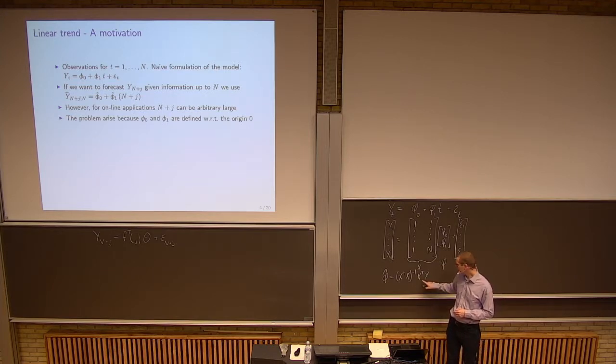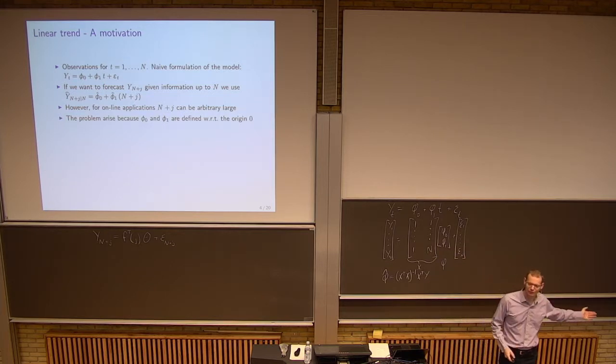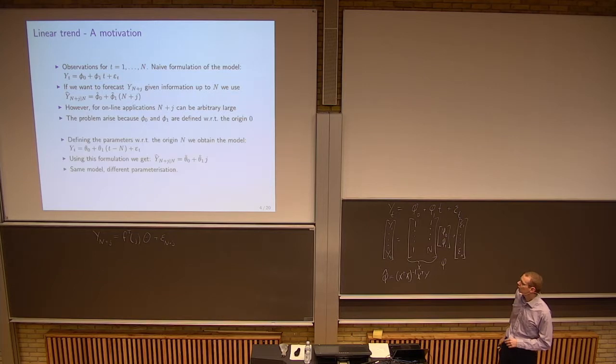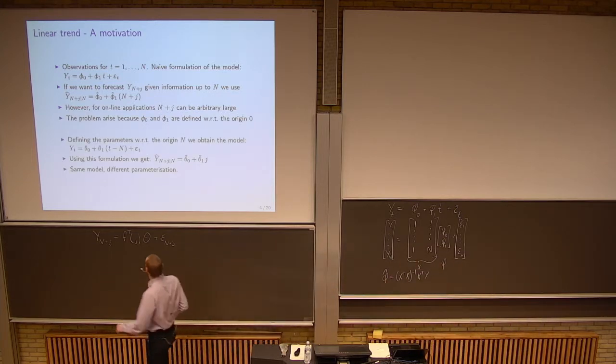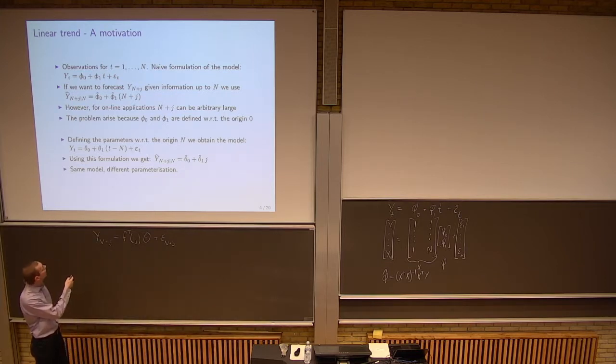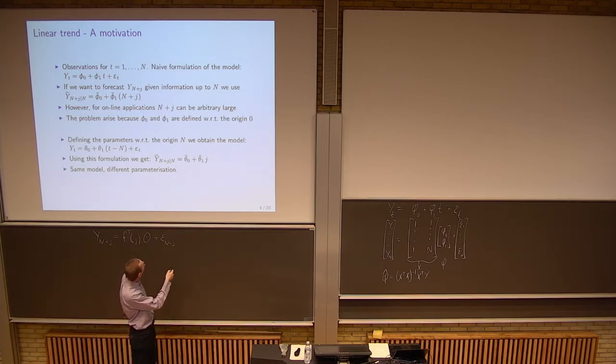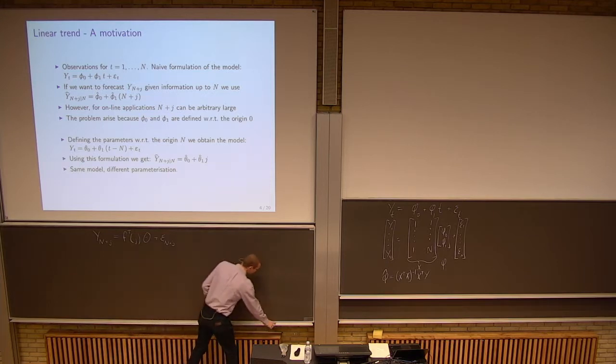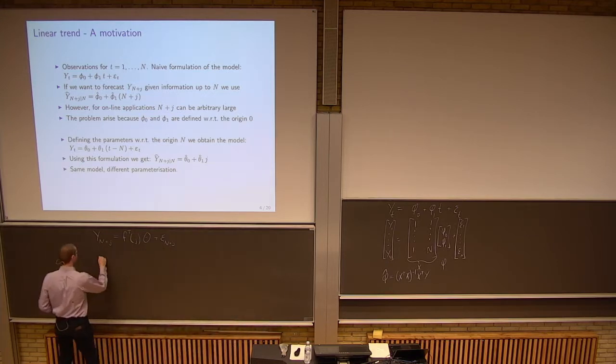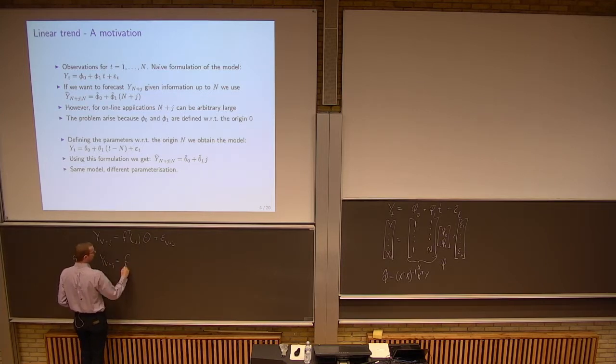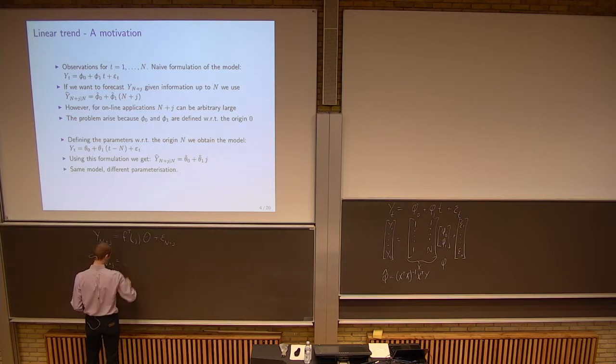The problem is that the time is corresponding to the beginning of time. What we propose here is to shift time so that time is relative to now. Now is the most recent observation. That means that when we want to make predictions in this way, just write the bottom to have it underneath here. N plus j equals this.